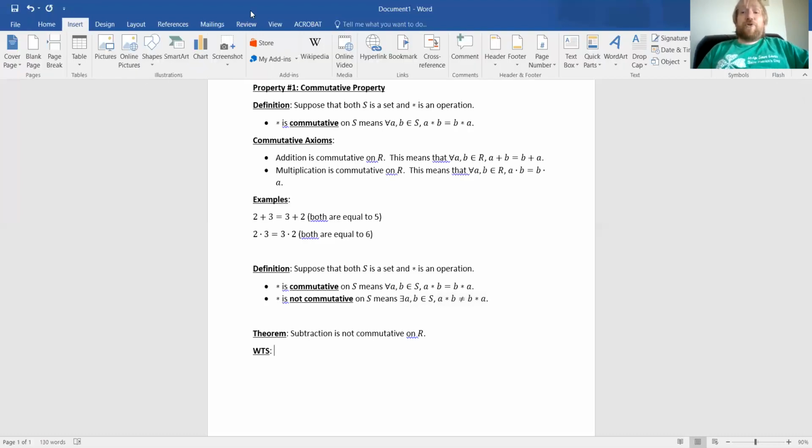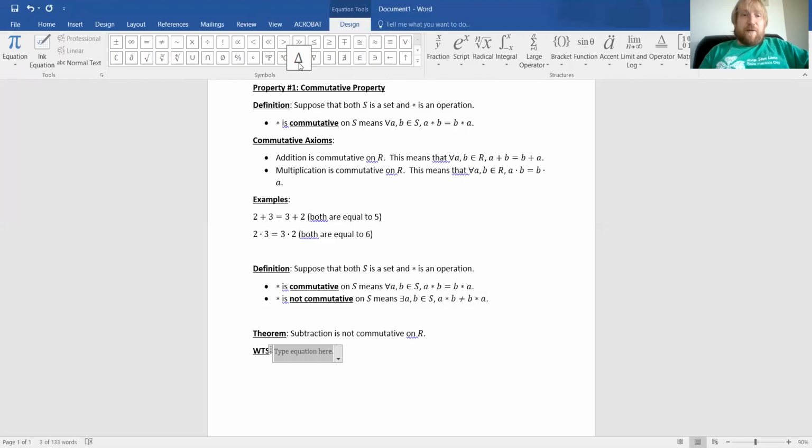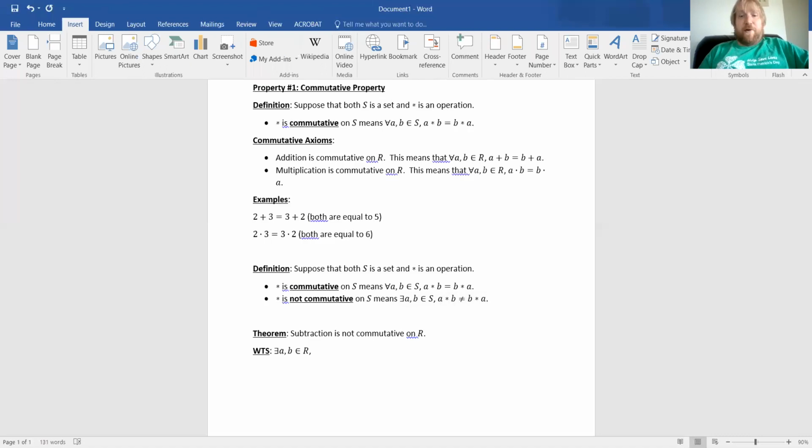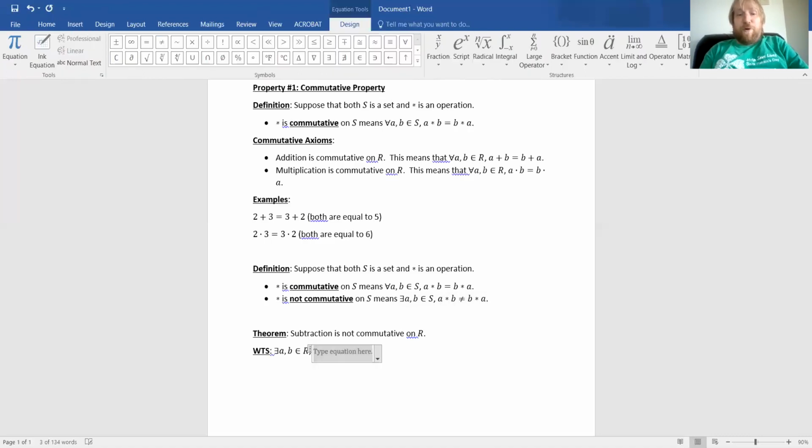So I want to show that there exists elements A, B in the set of reals such that A minus B does not equal B minus A.